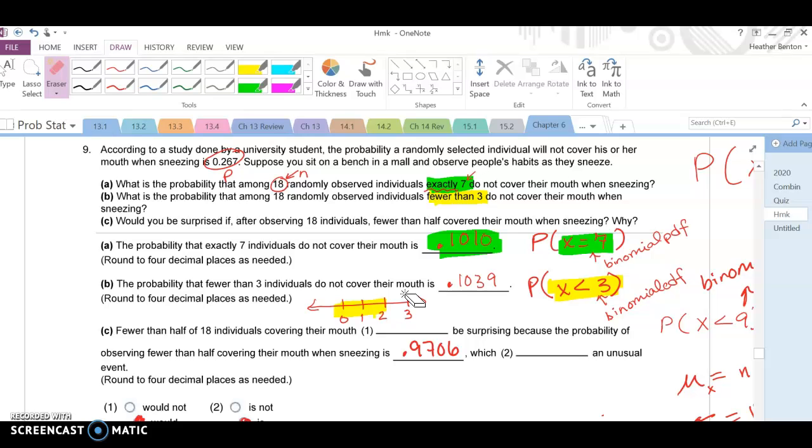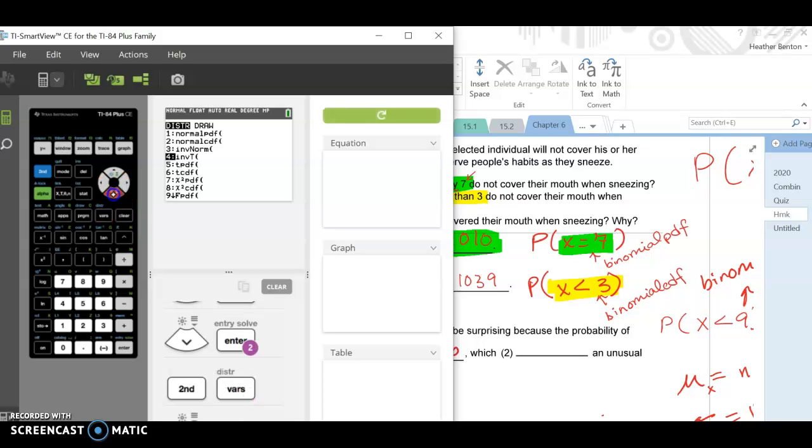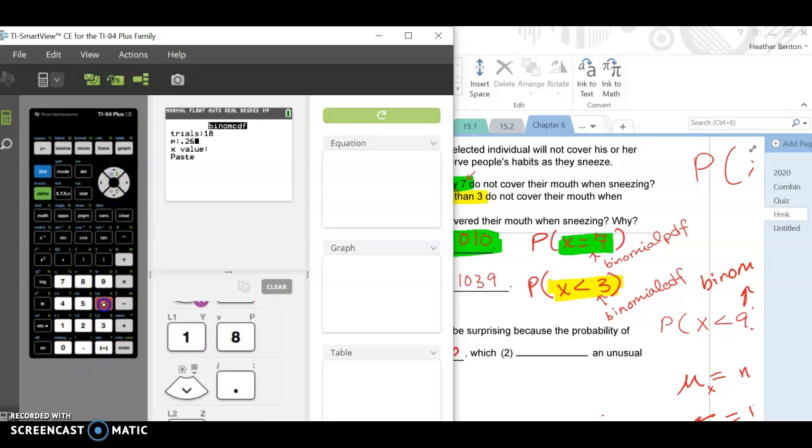So when I go to enter this in my calculator, we're going to go back to the second and the vars button to get there. And then we're going this time to the binomial CDF. We're still doing 18 trials. Our probability is still 0.267, but this time our x value is going to start at 2.